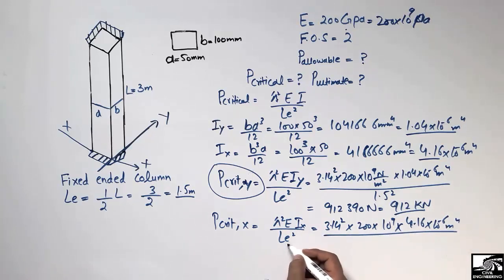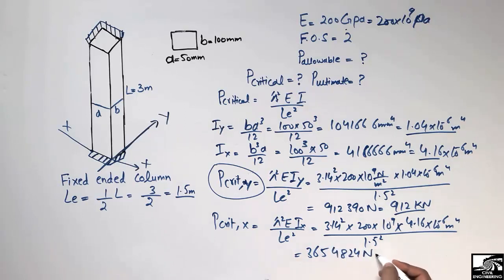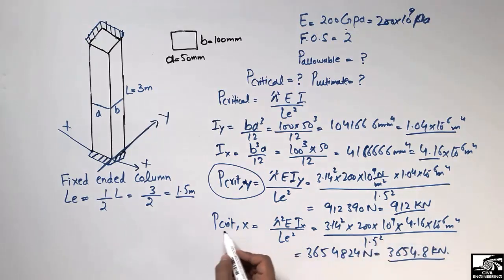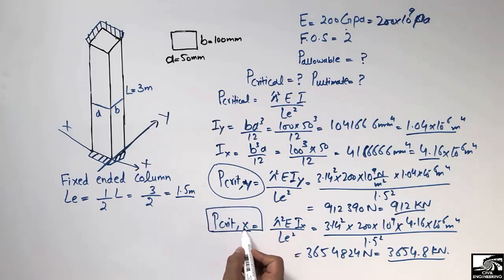Dividing by LE square, where it is 1.5 square, we get the value of 3654.824 Newton, which means 3654.8 kilonewton. This can support the load without any failure in the x direction.